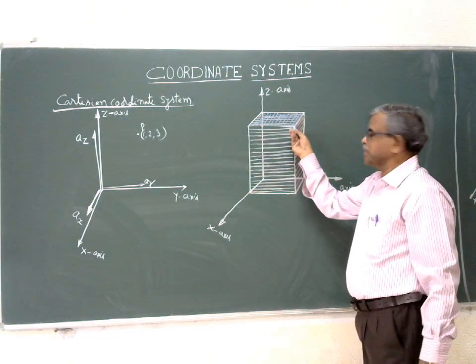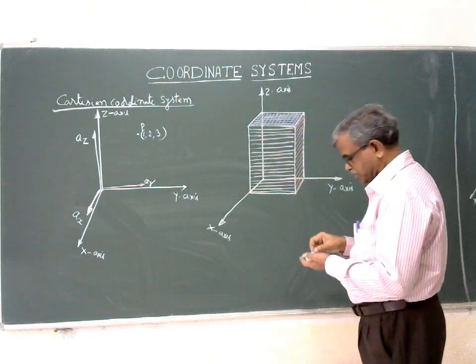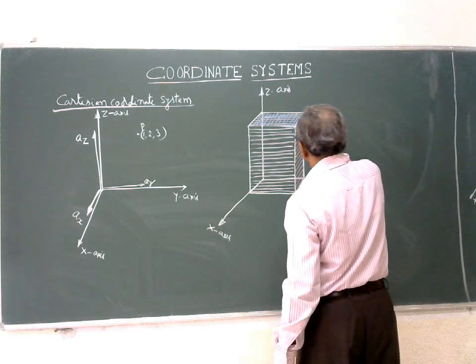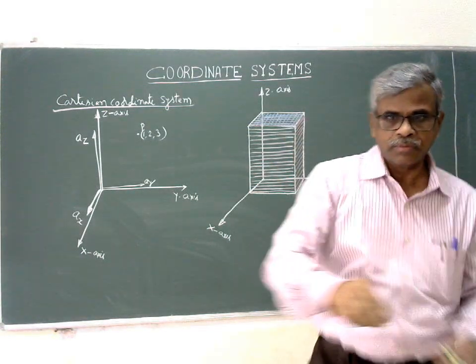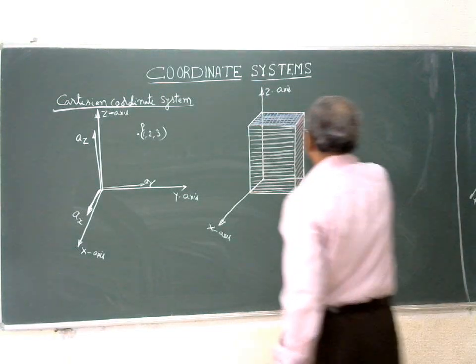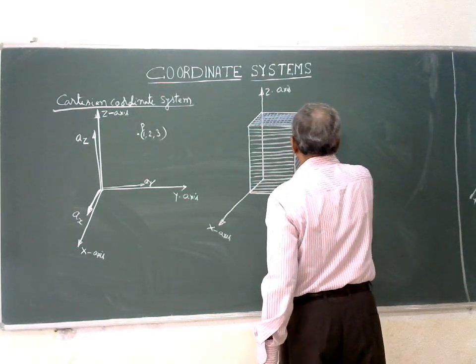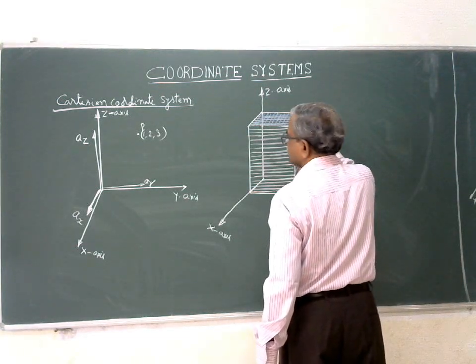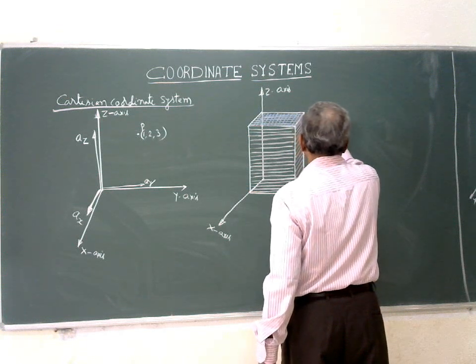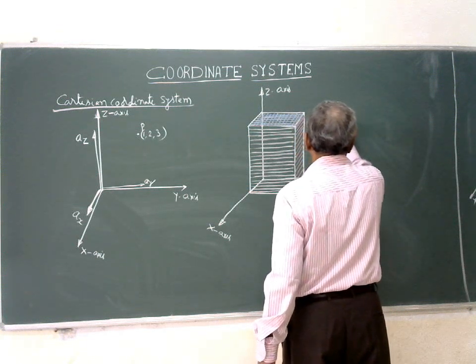And this is the intersection of three planes. So this is point P. This is point P, (1, 2, 3).